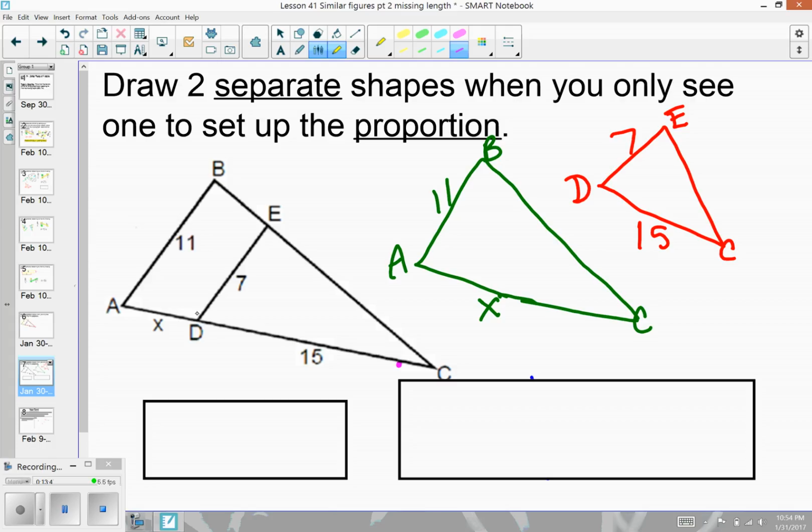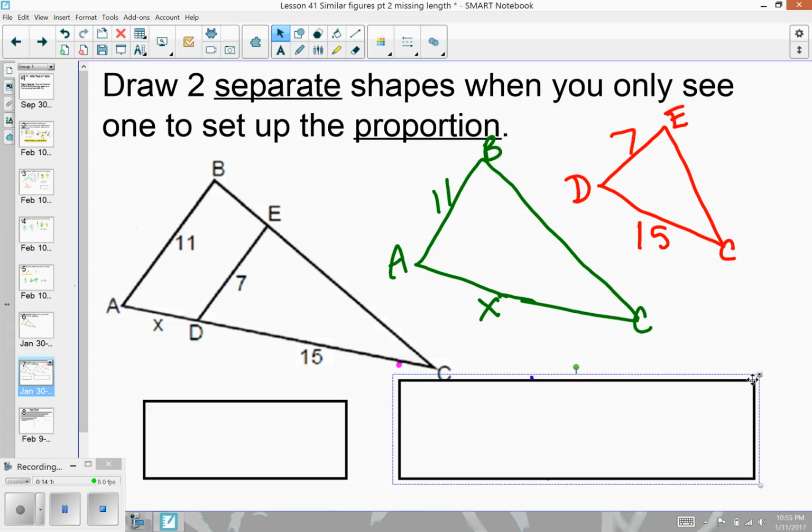And then I took the smaller shape, D, E, C, and drew the smaller shape, and then wrote down the values that I know. So now I've taken this layered shape and made it into two separate shapes. Okay, and I'm going to go ahead and set up the information.